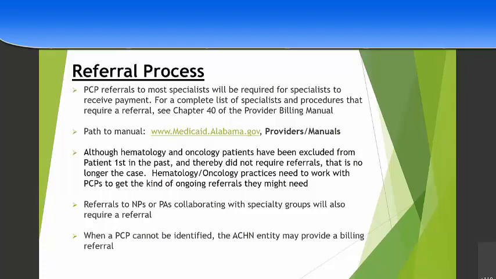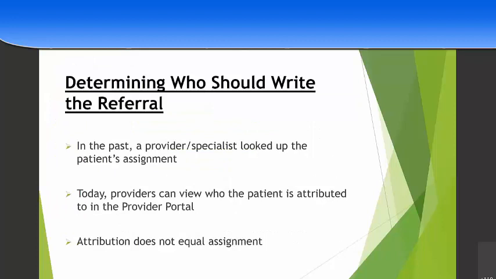In the instance when a PCP cannot be identified or is not attributed, the ACHN can provide a billing referral for the specialist. Determining who needs to write the referral.